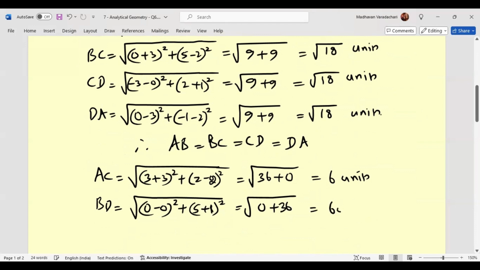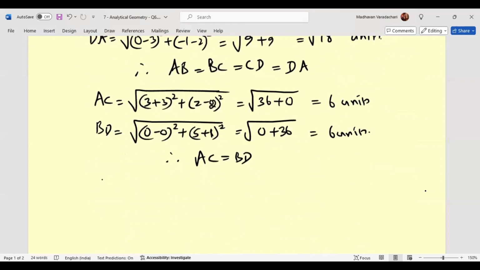Again, this is root 36, so 6 units. So therefore, we can say AC is equal to BD. Hence, ABCD is a square because it satisfies all the conditions. That is the solution for this question.